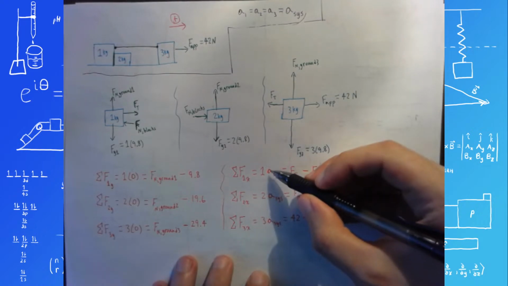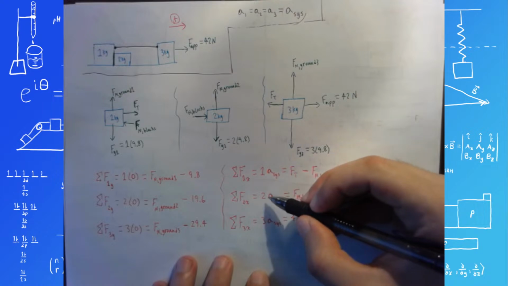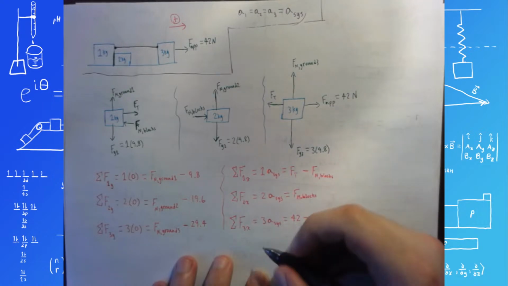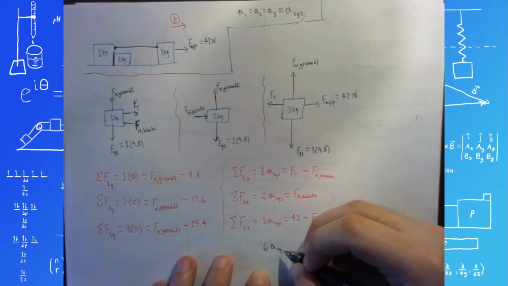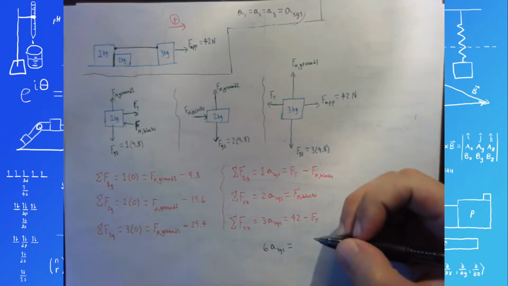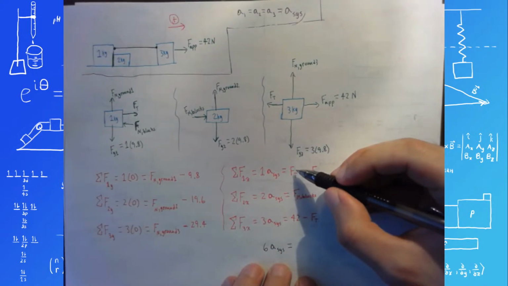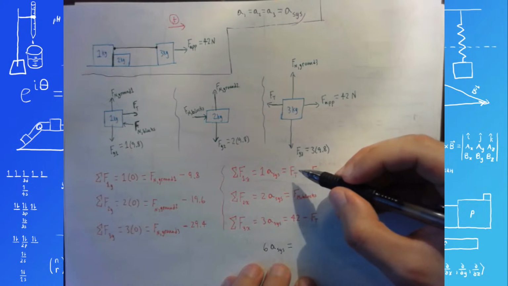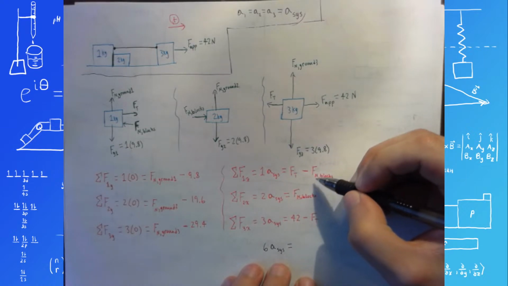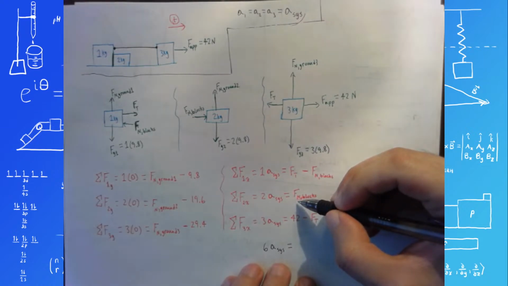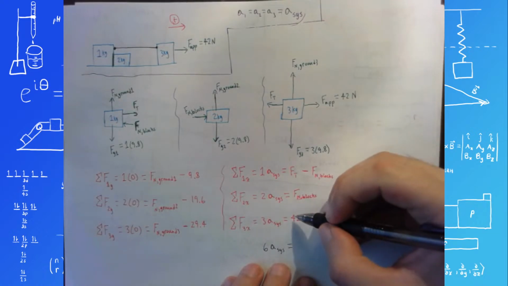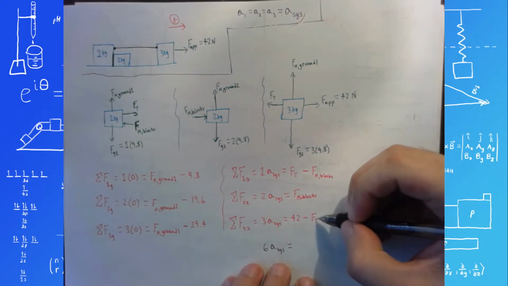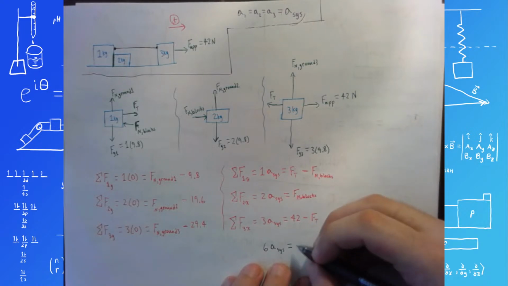So let's do that. 1A system plus 2A plus 3A equals 6A system. So that's the left-hand side, all added up, equals force of tension minus normal force blocks plus normal force blocks. So normal force is eliminated. Plus 42 minus force of tension is eliminated.